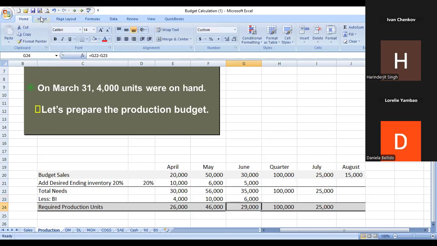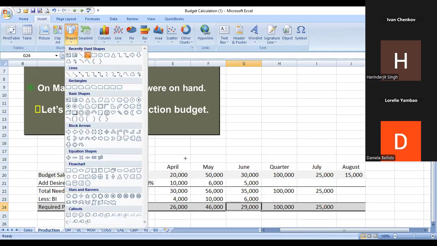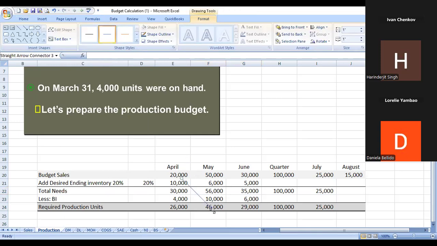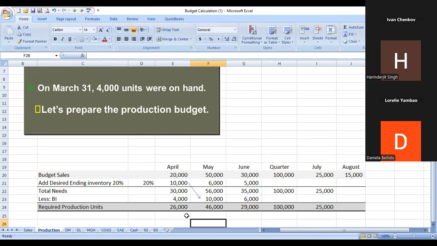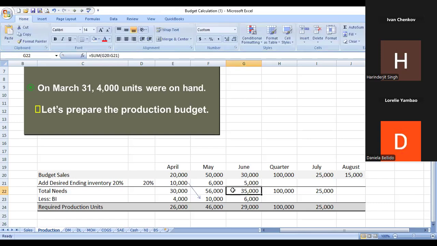So if we want, we can insert this shape here. So we have this one, and here you can see the link. That the ending balance of April become beginning balance in May. Same thing happened in June.